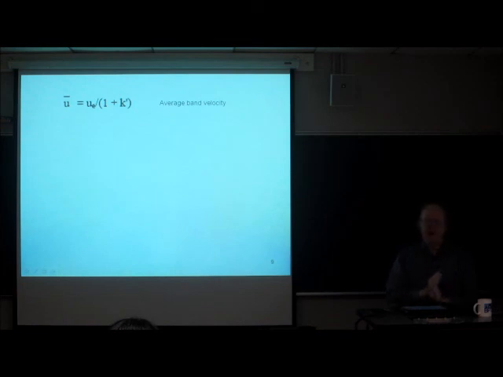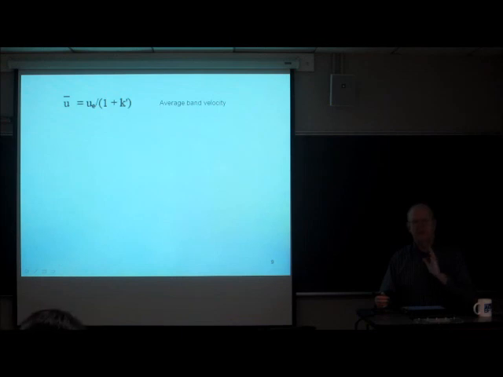So we need to know the average velocity of the zone of solutes. We need to know the average molecule's velocity, and that average molecule velocity is equal to UE, the velocity when it's in the moving phase, divided by 1 plus K prime.